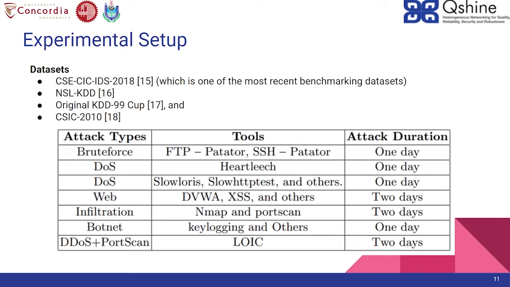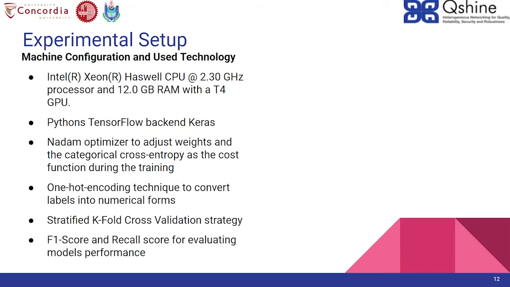This table shows the different kinds of attacks captured in the CSE CIC IDS 2018 dataset. It captures brute force attacks, DoS attacks, web attacks, infiltration attacks, botnet attacks, and DDoS plus port scan attacks.